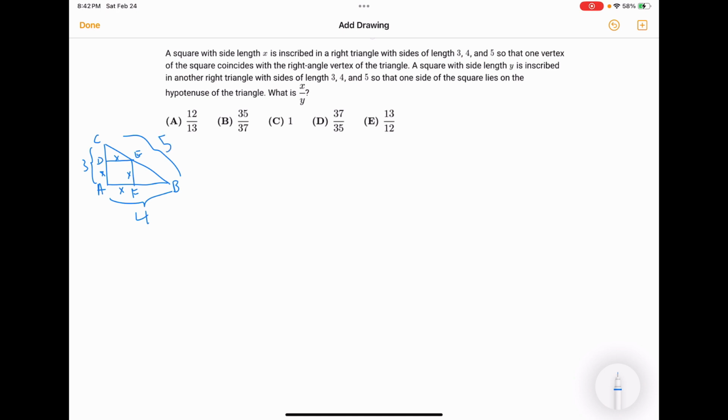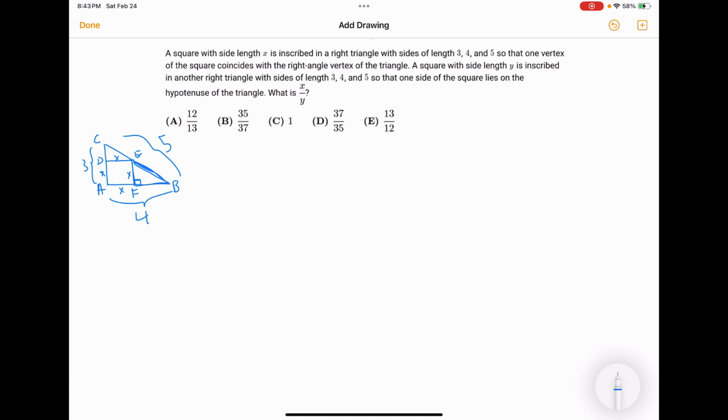We can notice here that triangle A, B, C, the big triangle, and triangle F, B, E are similar. F, B, E is this triangle right here. This is because all of the angle measures for triangle A, B, C are the same as for triangle F, B, E. Angle BFE is a right angle, and its corresponding angle in triangle A, B, C is A. Since both are right angles, they are equal to each other.